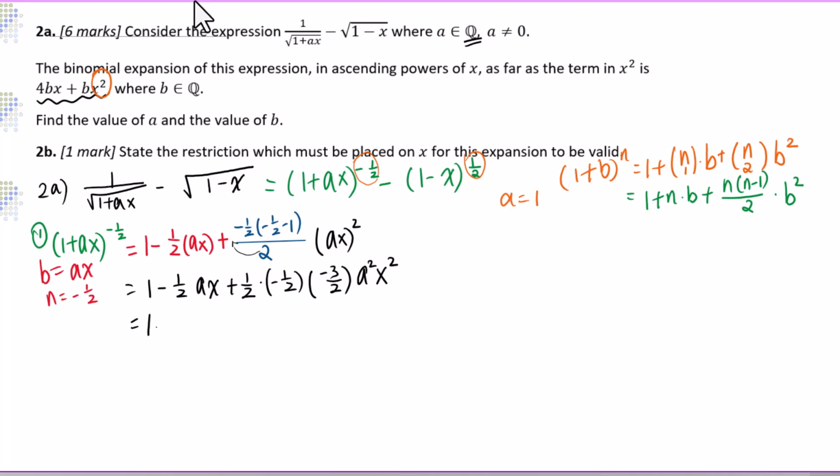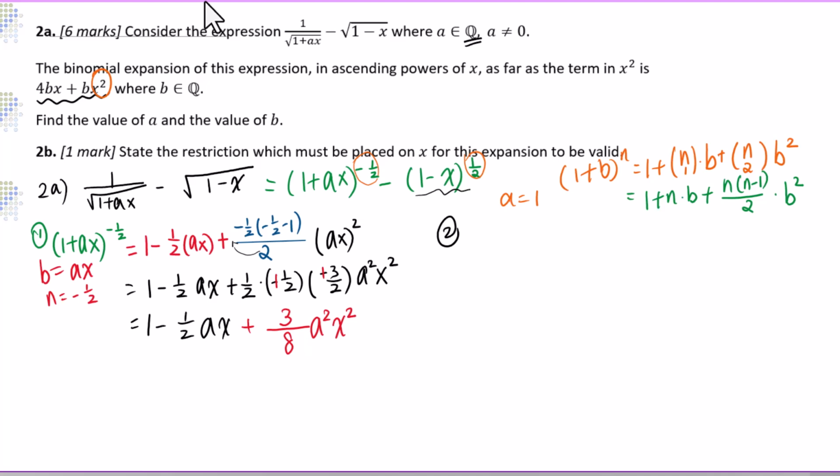Simplify: 1 minus 1 half ax. Negative times negative is positive. Numerator is 3, denominator is 8, a squared x squared.